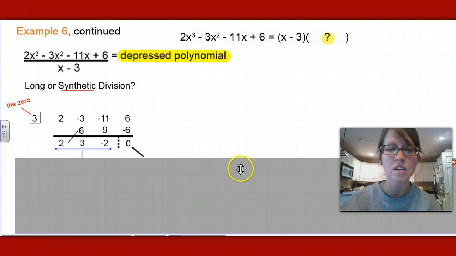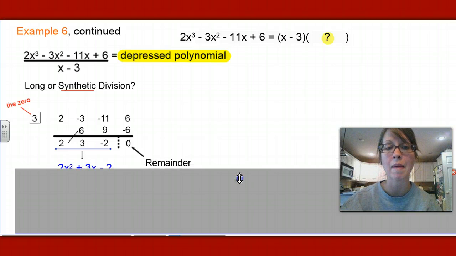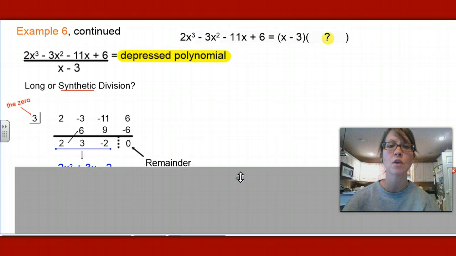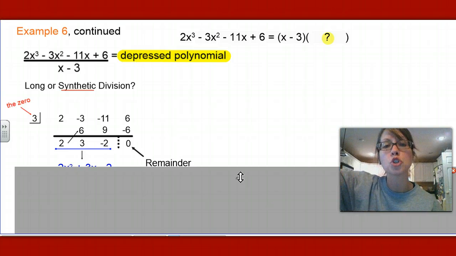Remember that last number is the remainder. So this tells us that when we divided by 3, by x minus 3 really, we had no remainder. That's what the factor theorem is. It says if you divide a polynomial by one of its factors, you should get a remainder of 0. You will. Okay, that's the factor theorem.